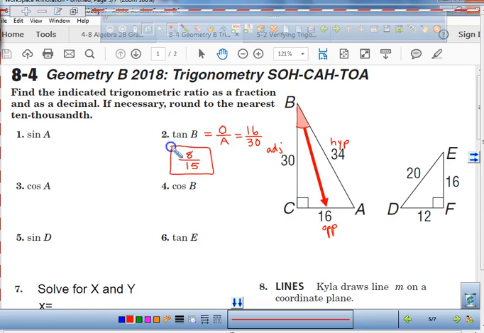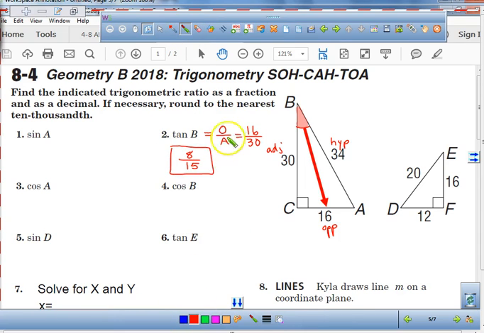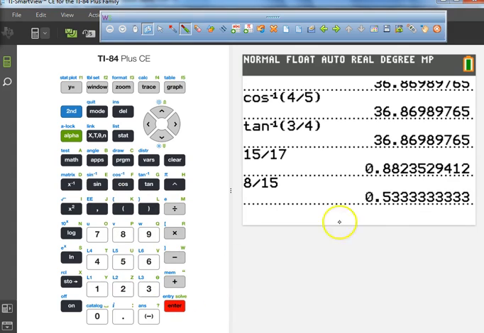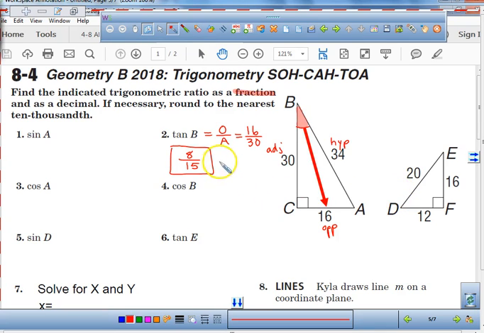Now, that's my answer as a what? As a fraction. Now, all you have to do is take the 8 and divide it by the 15. You should see a nice repeating decimal. We're going to round it to the nearest what? 10,000, which is the 4th decimal place.